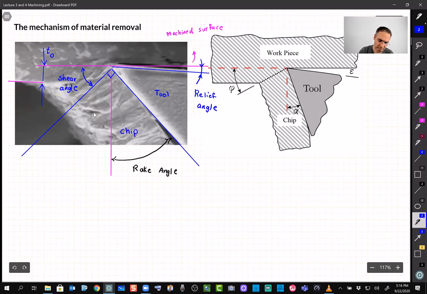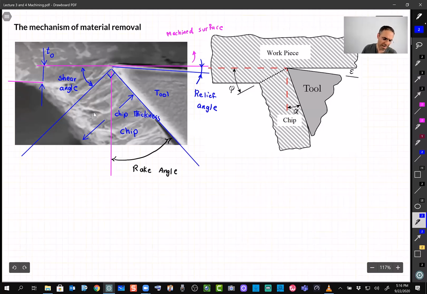And this chip has a thickness. So let's say the thickness of this chip, like this distance, let's call it TC, or the chip thickness.